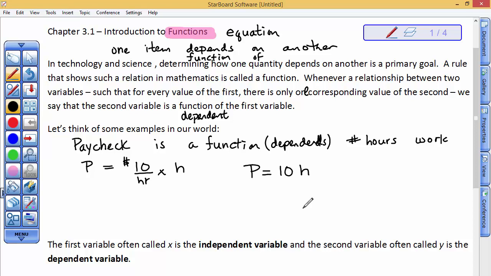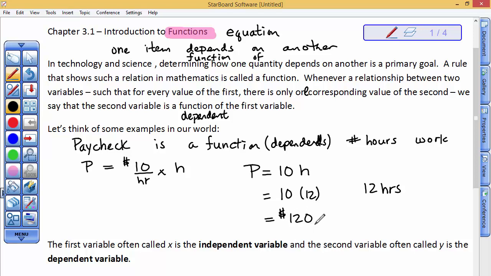So if I put in a value of, let's say we worked for 12 hours, then I'd put in 12 for H, and I'd find out that your gross paycheck is $120. So for one value put into the equation for this variable, you'll only get one answer out. There's no way, if you get $10 per hour, that there would be two different values for your paycheck.